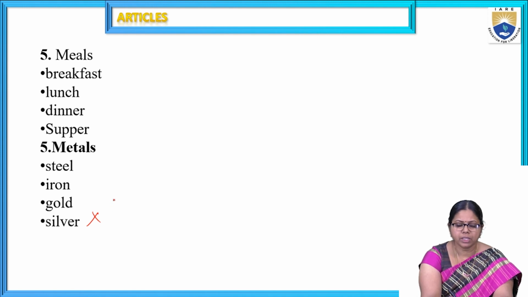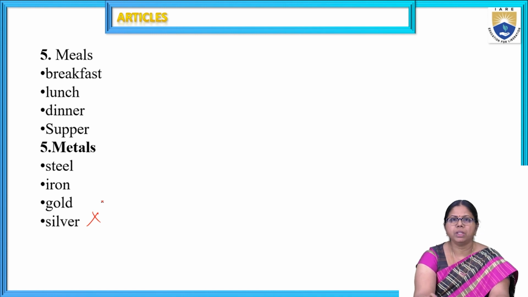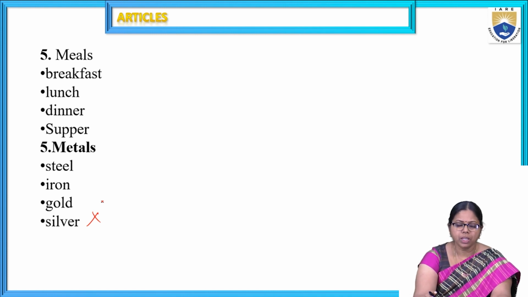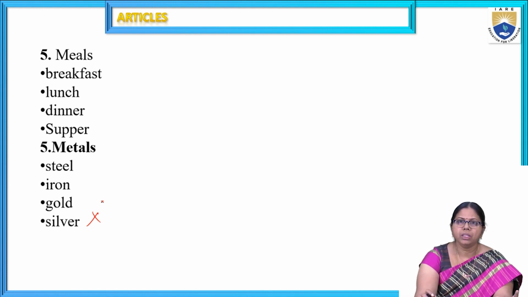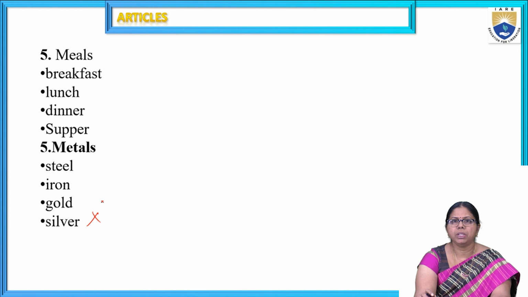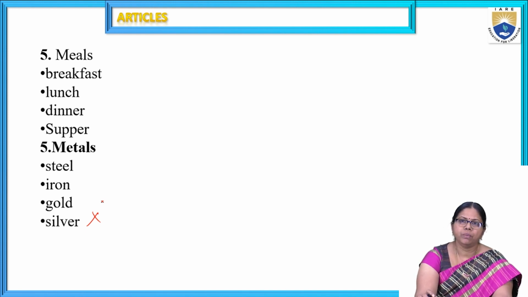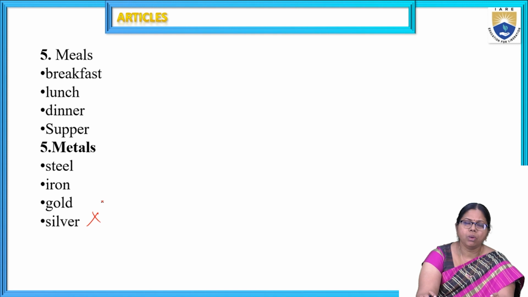But there are exceptional cases, like: the gold which is available in South Africa is costlier than the gold which is available in India. When you are comparing, the gold available in Dubai or in South Africa is purer than the gold available in India. In that case, we can use "the" because we are specifying the gold of Dubai or Africa against the gold of India.